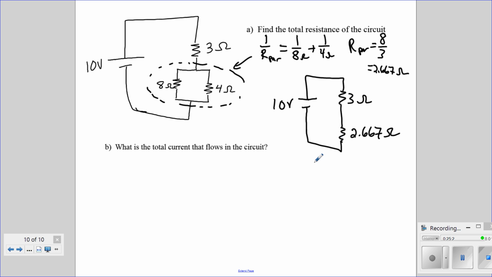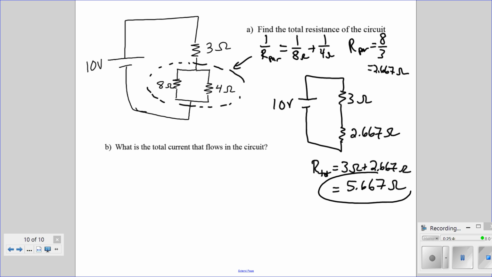And so now to add resistors in series, it would just be 3 ohms plus 2.667 ohms. So that's going to be 5.667 ohms. That would be the total resistance of this circuit.